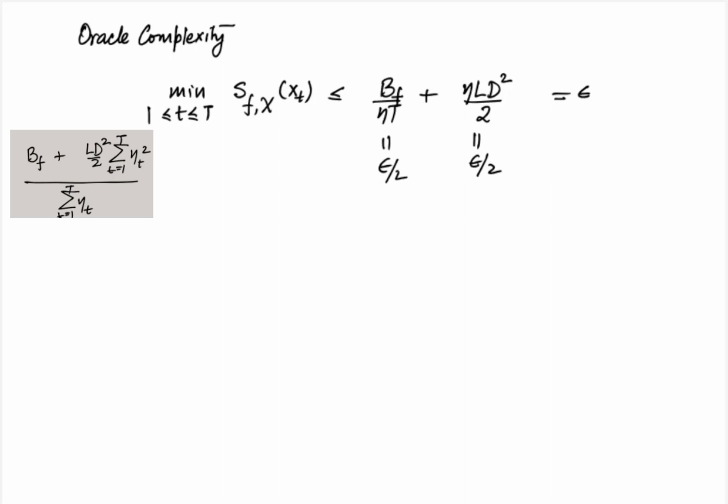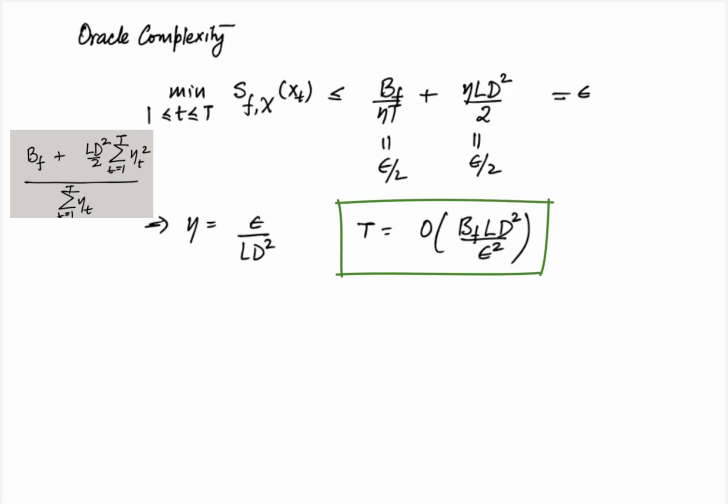So solving for eta, we obtain that eta equal to epsilon by L D squared, and then substituting and solving for T, we see that T is equal to order of B_f L D squared by epsilon squared, which is the required Oracle complexity.